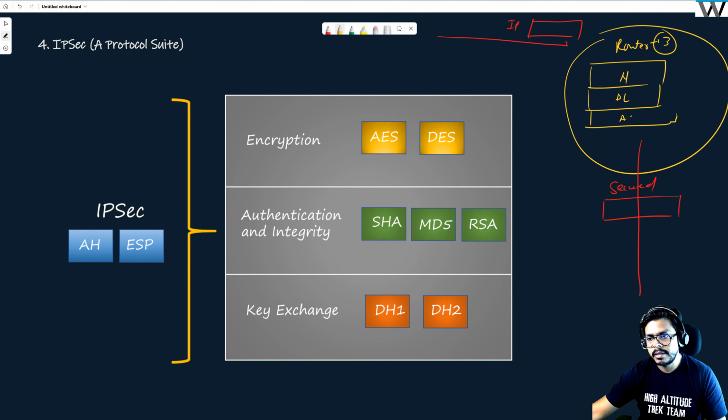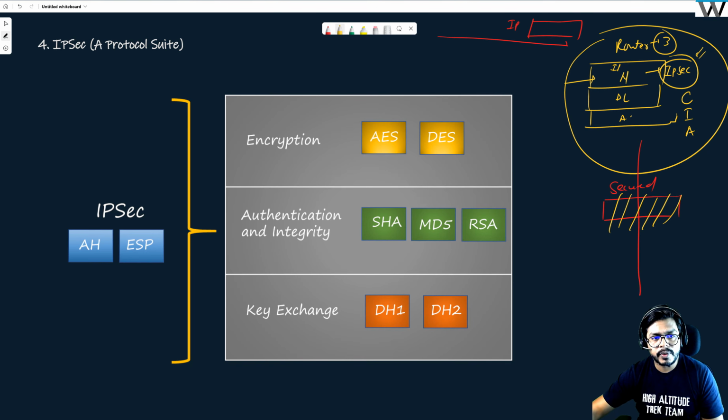And which protocol is doing this at the network layer? We have implemented security along with IP, which is IPsec. And of course, if it is providing security, it is doing the same thing: confidentiality, integrity, and authentication.